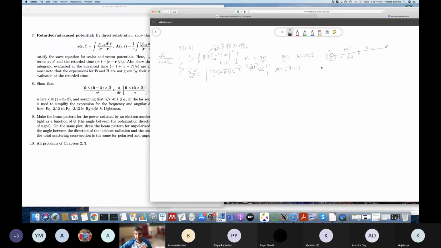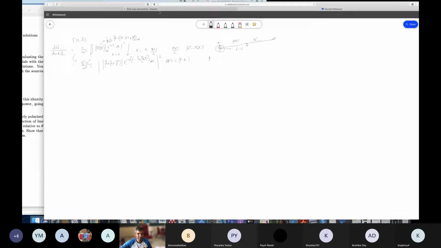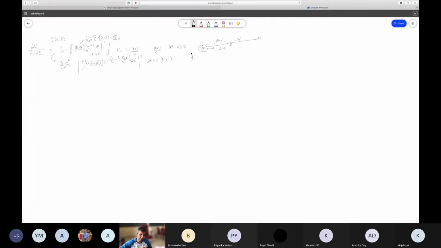And if you recall, this t prime, the time at which you want to evaluate the trajectory of the particle, is equal to t minus r(t prime) by c. This is the definition of the retarded time: where was the particle a light travel time ago. Right, and so we do a change of variable.